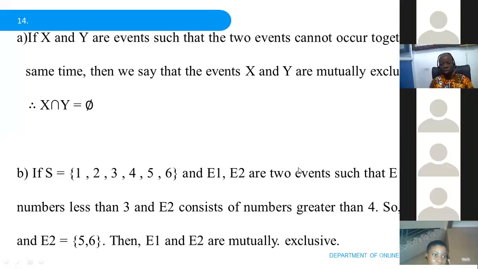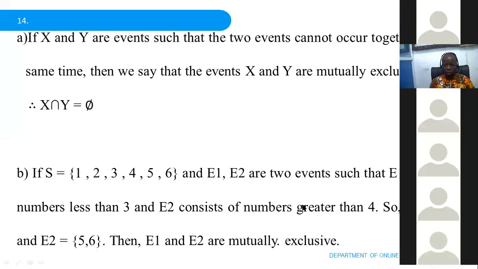And E2 consists of numbers greater than 4. Which are the numbers greater than 4 in that set? 5 and 6. Excellent. So we have E1 equal to 1 and 2, and E2 equal to 5 and 6.